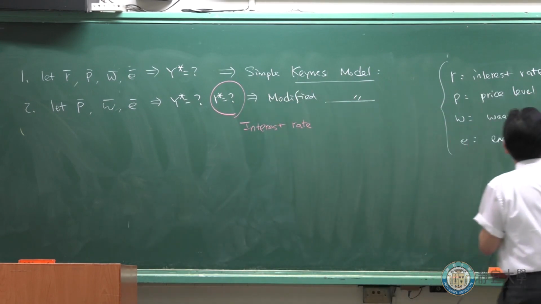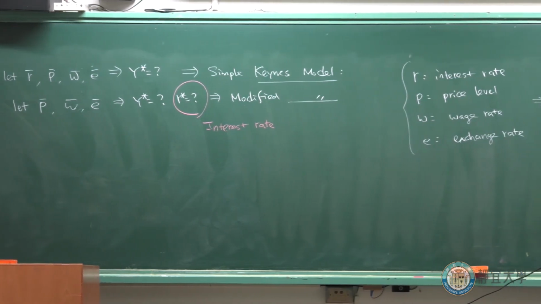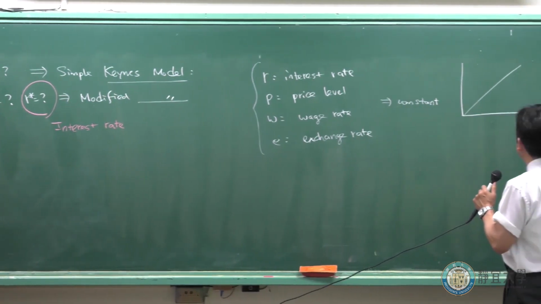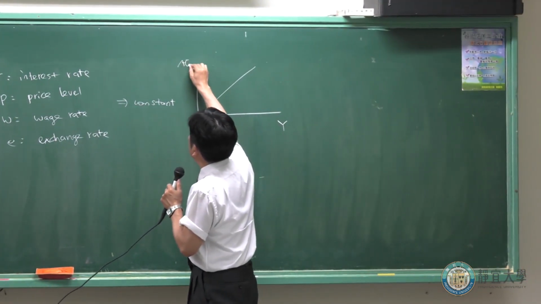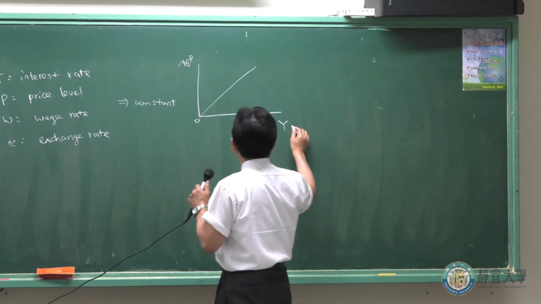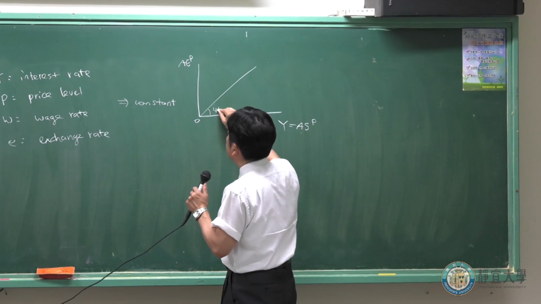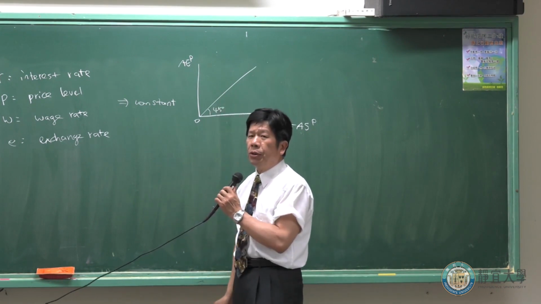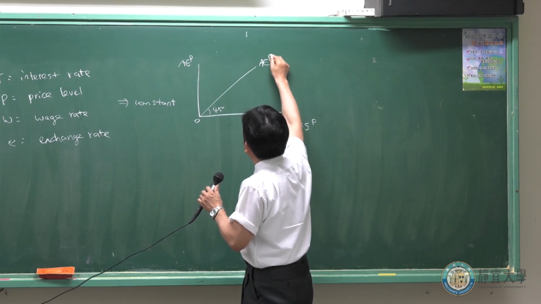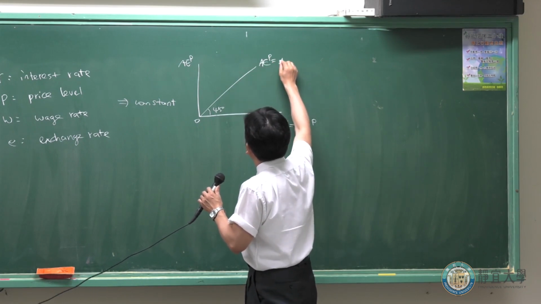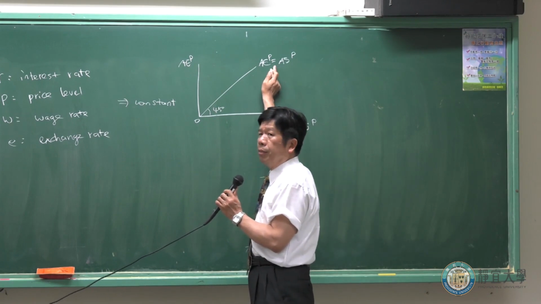So like last time, we draw the 45 degree line, and we see this is Y and this is AEP, and this is ASP. This is the 45 degree line. Do you remember we taught that AEP equals ASP? This is the equilibrium condition.